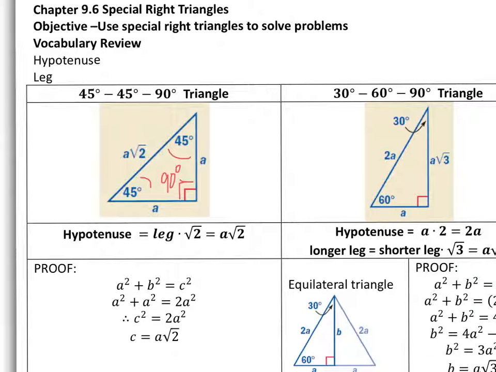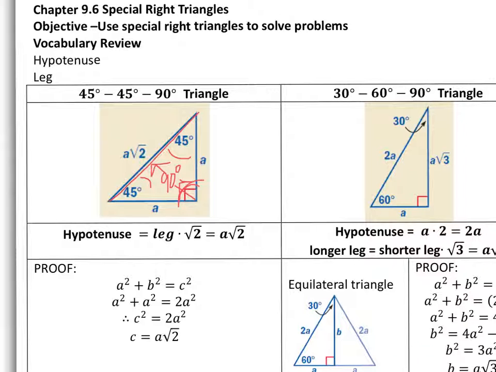For this kind of special triangle, the hypotenuse, remember the hypotenuse is the side with the longest length for a right triangle and is directly across the 90-degree angle.